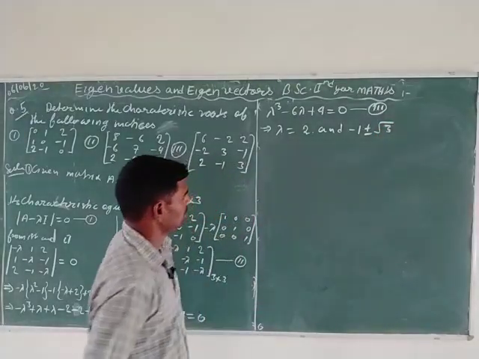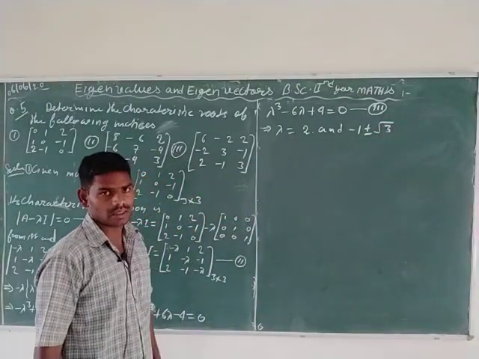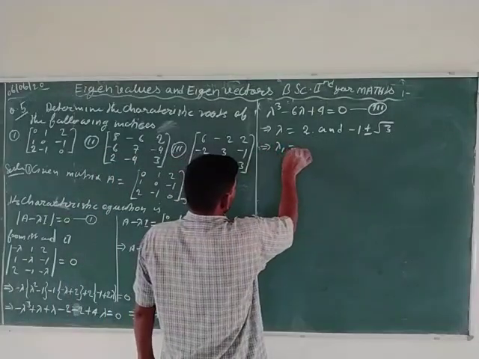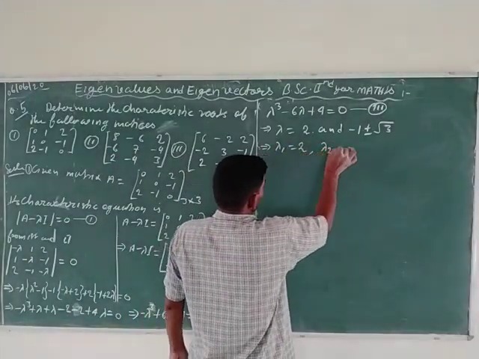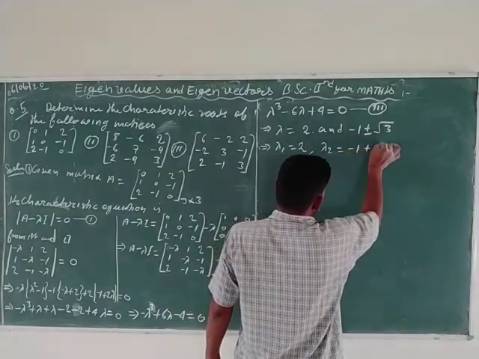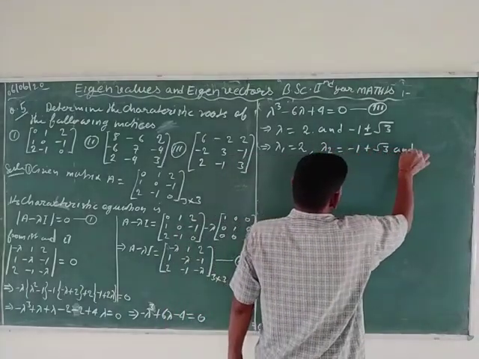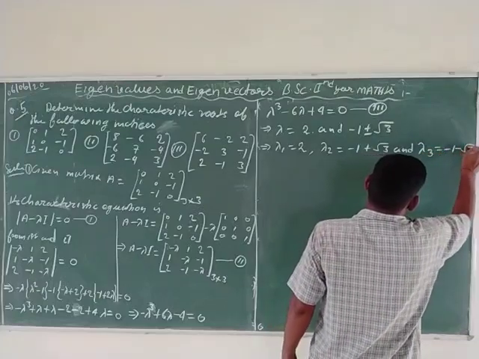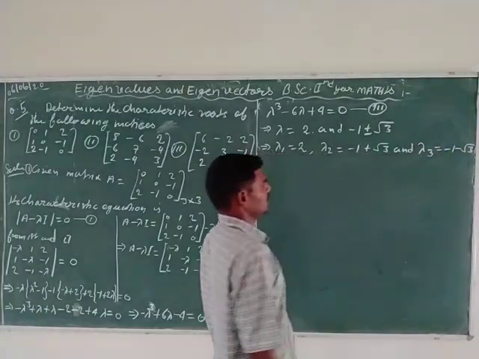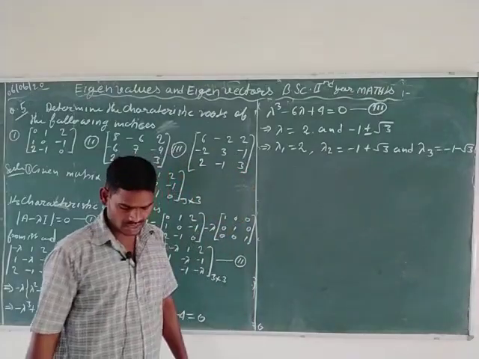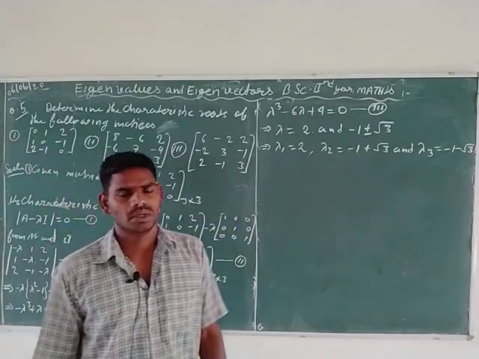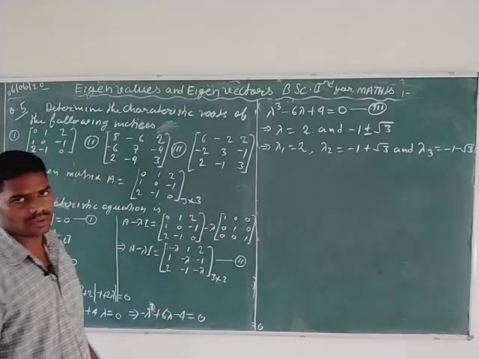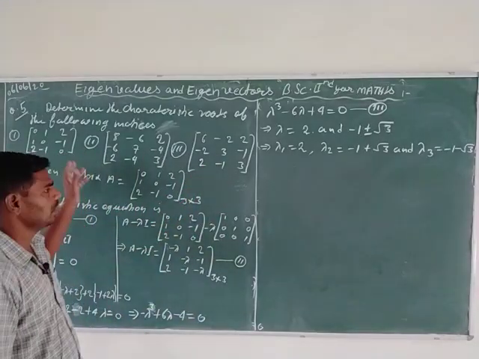Here the values of lambda are 3 values, so it is represented as lambda 1 is equal to 2, lambda 2 is equal to minus 1 plus under root 3, and lambda 3 is equal to minus 1 minus under root 3. These 3 values of lambda are called the characteristic roots of the given matrix capital A, also called the eigenvalues of the given matrix capital A.